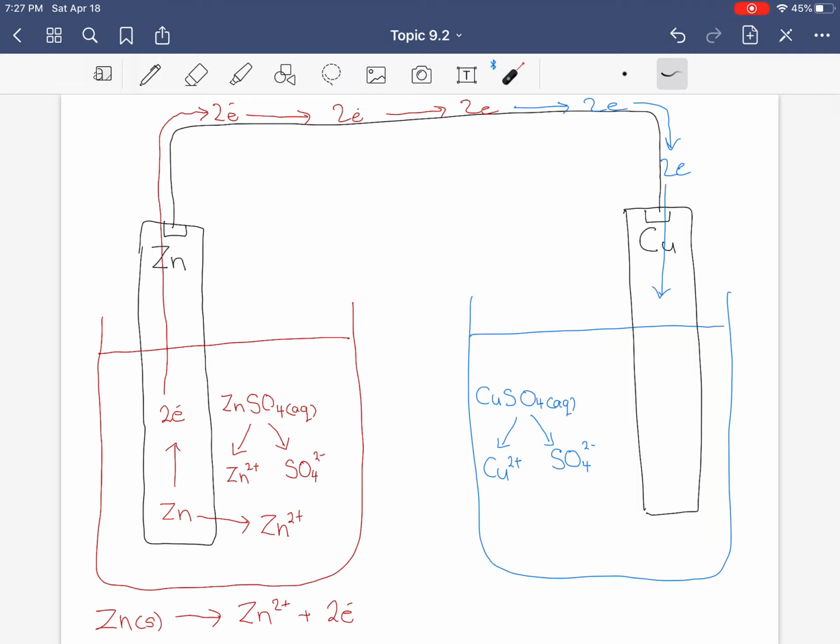Well, let's take a look at copper 2 plus. Copper sulfate dissociates to become copper 2 plus and sulfate anion. Copper 2 plus, note the fact that, hey, there are 2 electrons coming down. I want to be part of this. I want to come in here and hook up with those 2 electrons.